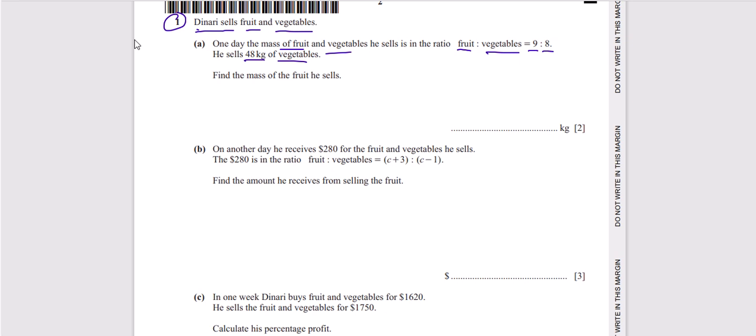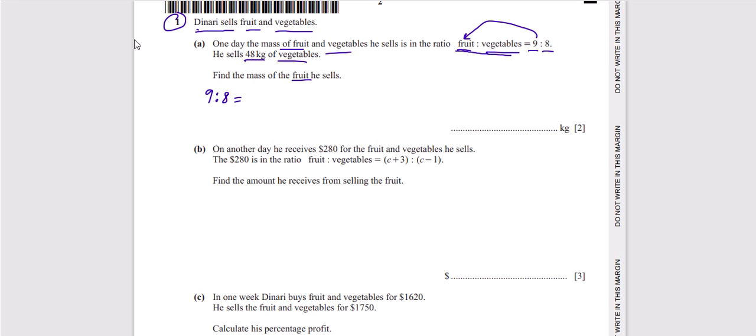First of all, the given ratio should be written as 9:8. The first one, 9, is fruit, so we have to find the mass of fruit.